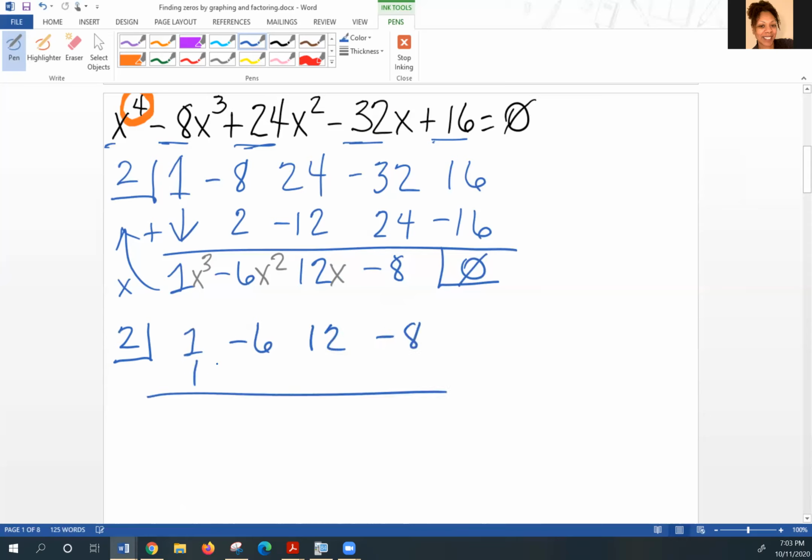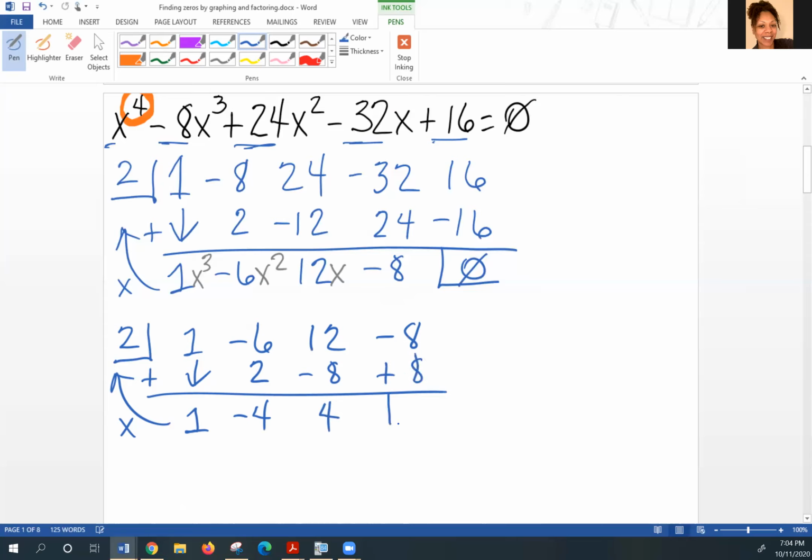Again, the first number always goes down, and then I'm multiplying everything that's on the bottom, under the line, times the divisor, and then I'm adding everything on top down. 1 times 2 is 2, -6 plus 2 is -4, -4 times 2 is -8, 12 minus 8 is +4, and 4 times 2 is +8.